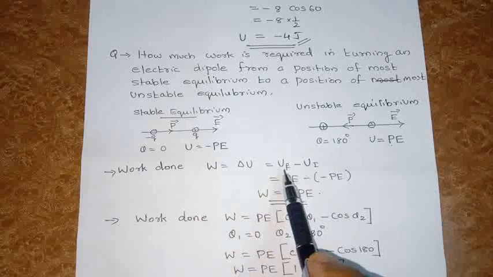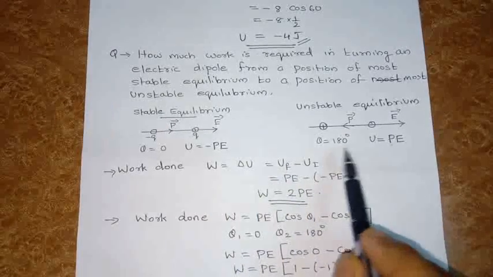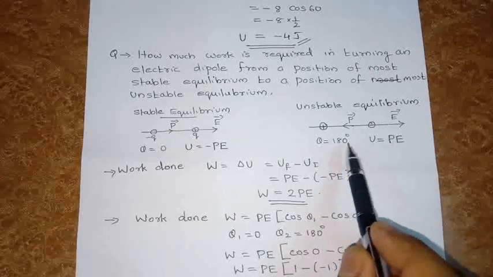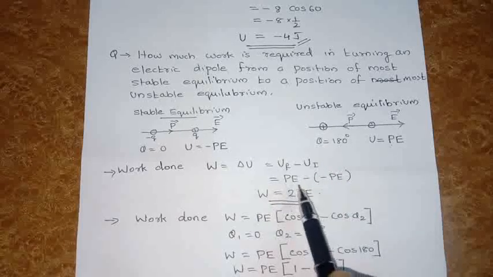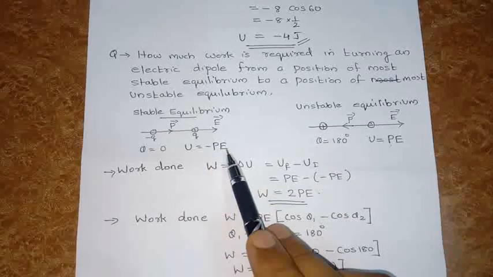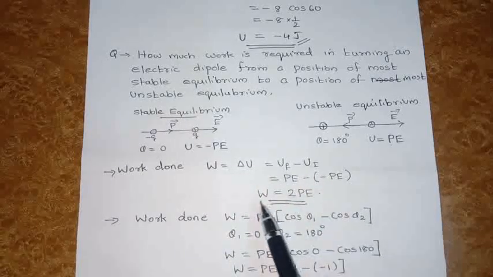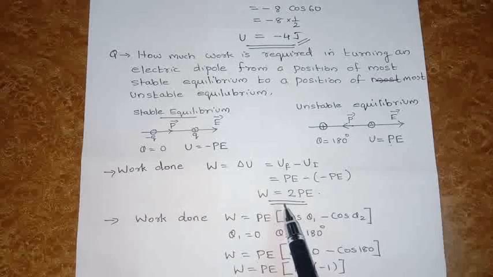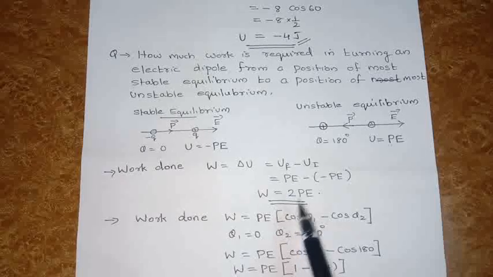So in this case it will be potential energy final minus potential energy initial. Potential energy final, at the 180 degree configuration, will be Pe, minus potential energy initial, which is minus Pe. Therefore Pe minus minus Pe, that will be 2 Pe. That will be the work done to turn the dipole from most stable equilibrium to most unstable equilibrium.